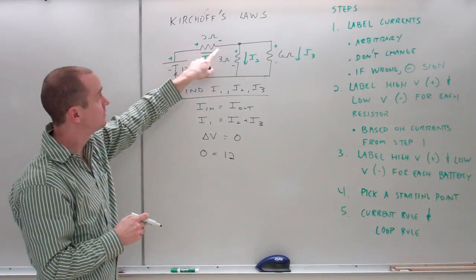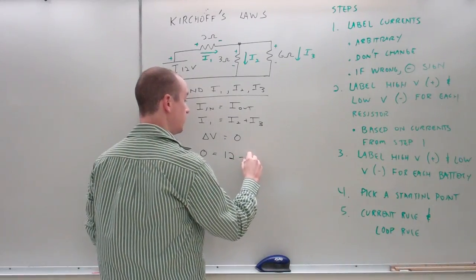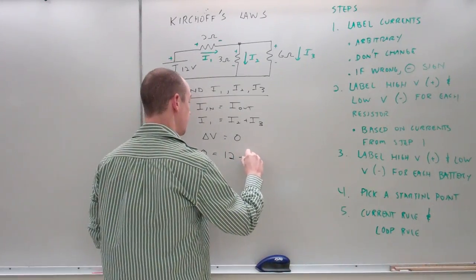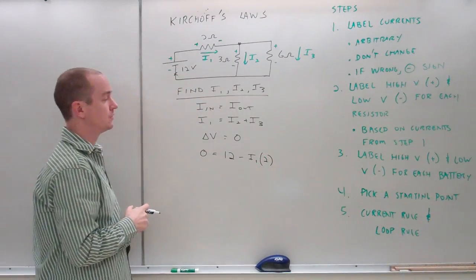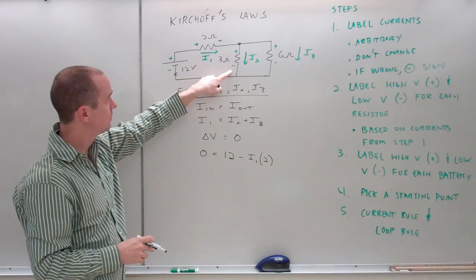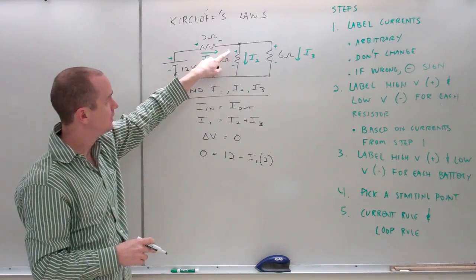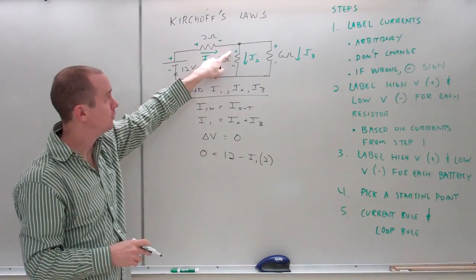I'm going from positive to negative, so minus, and using Ohm's law, I1 times 2 ohms. I'm going to now go down in this part, and this is going to be I2 times 3. I'm losing potential.